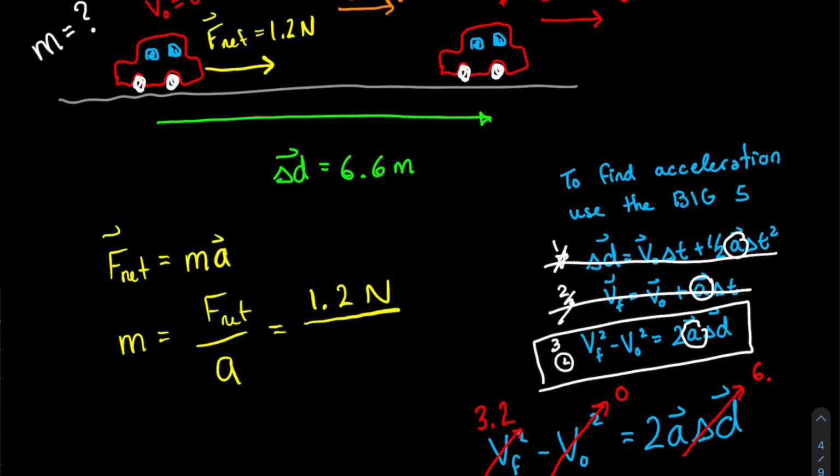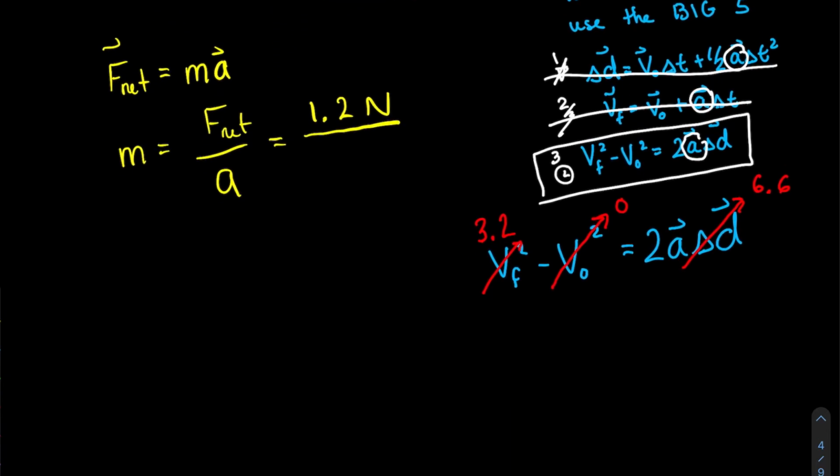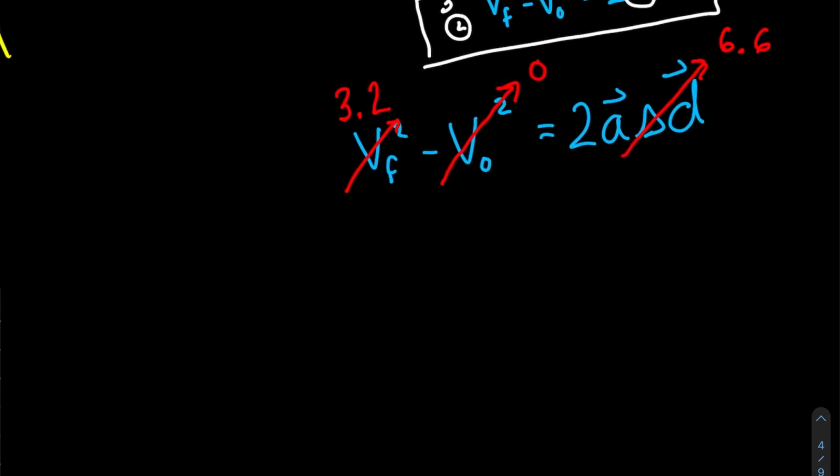So let's simplify our equation now. (3.2 meters per second) equals 2 times 6.6 times the acceleration. Oh, but this was 3.2 squared. I almost made a mistake.